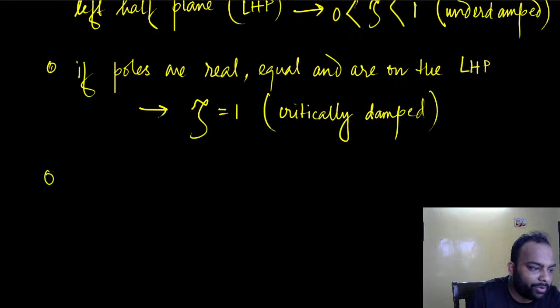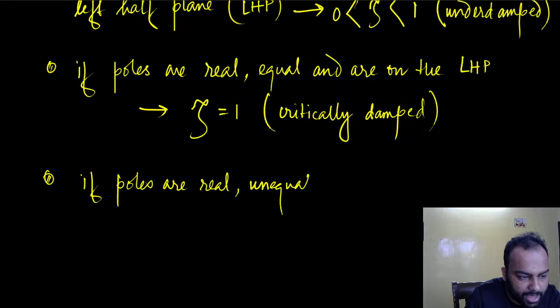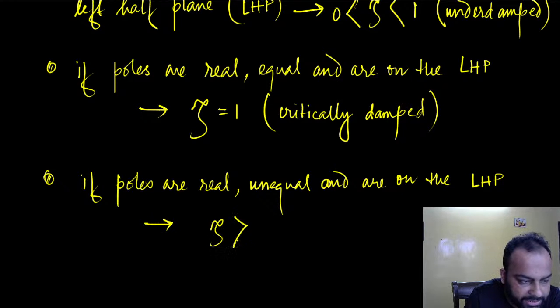Okay, and we also figured out if poles are real, unequal, again English lesson: equal, equality, unequal, inequality. If poles are real, unequal, and are on the left half plane, then zeta is greater than 1. So this is called overdamped.